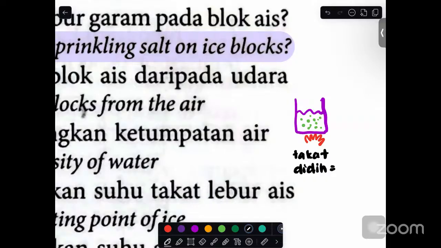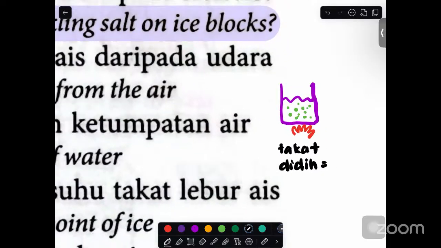Air biasa, teacher letak garam, and then teacher didih. What is my takat didih? Lebih daripada 100. Lebih. It should be more than 100.